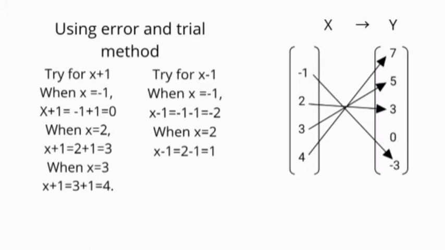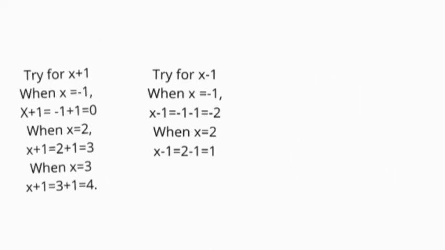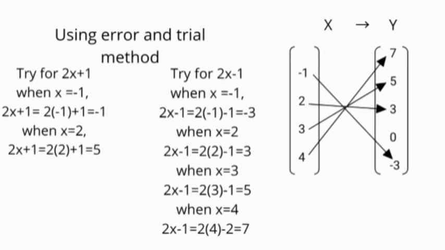Even though other values of y are correct, the equation still remains incorrect. So let's try x - 1. When x is equal to -1, -1 - 1 will give us -2. In the diagram, -1 is mapped onto -3, so -3 is supposed to be the image, and since our answer there is -2, it is not correct.